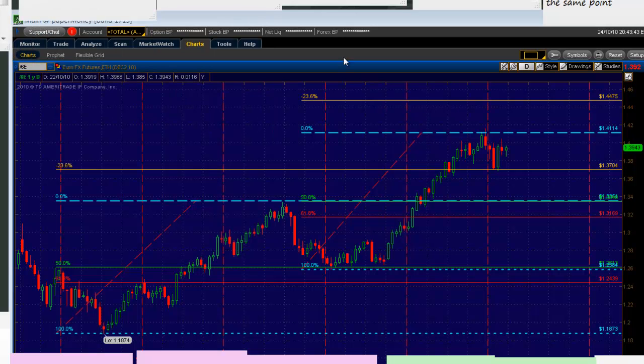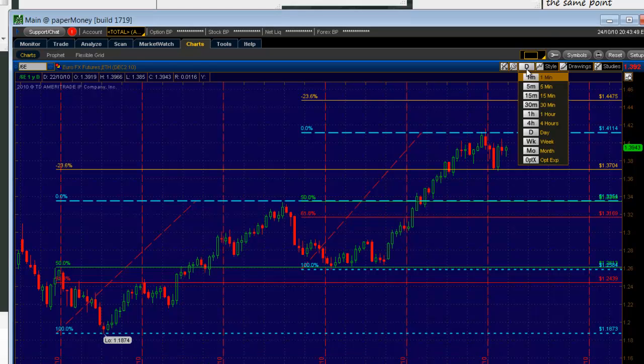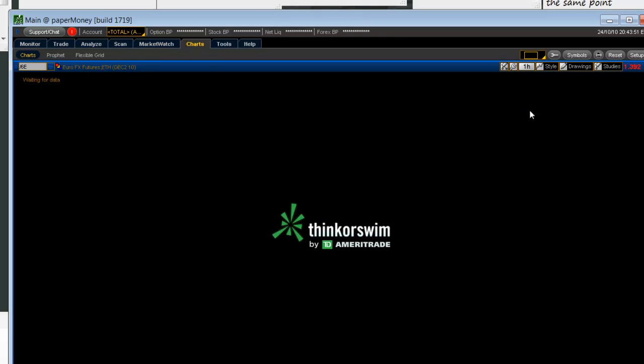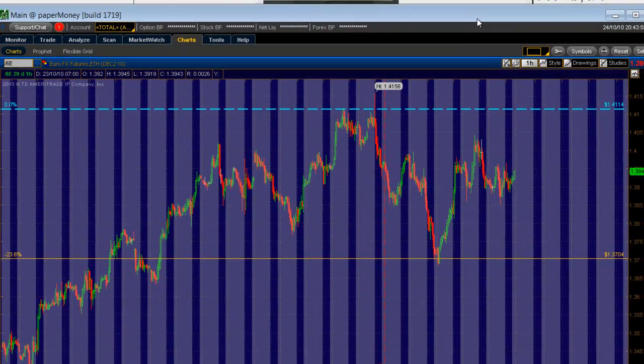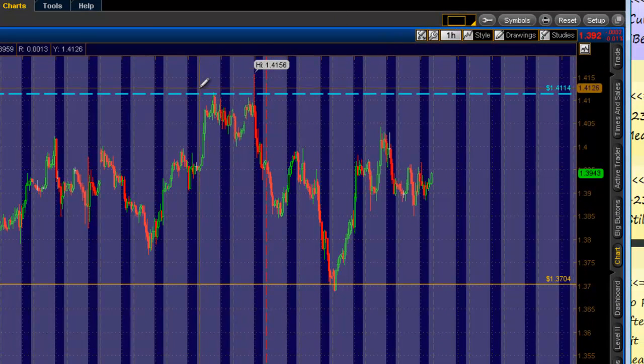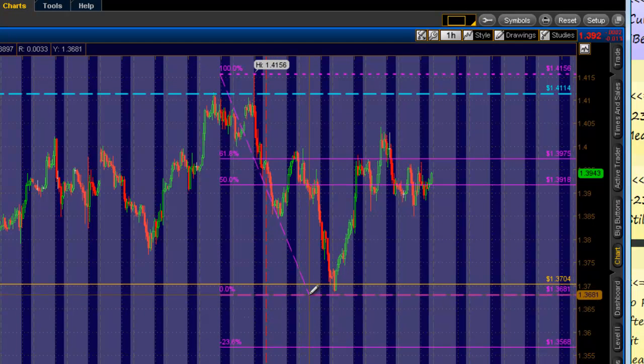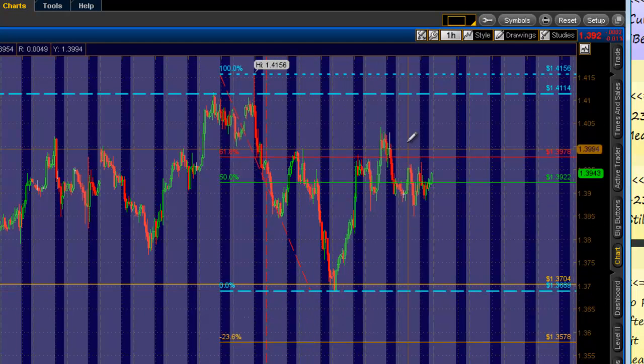If we pull in on the smaller time frame, the hourly, there's a few things going on there where we can see that this short-term trend that's down was broken.